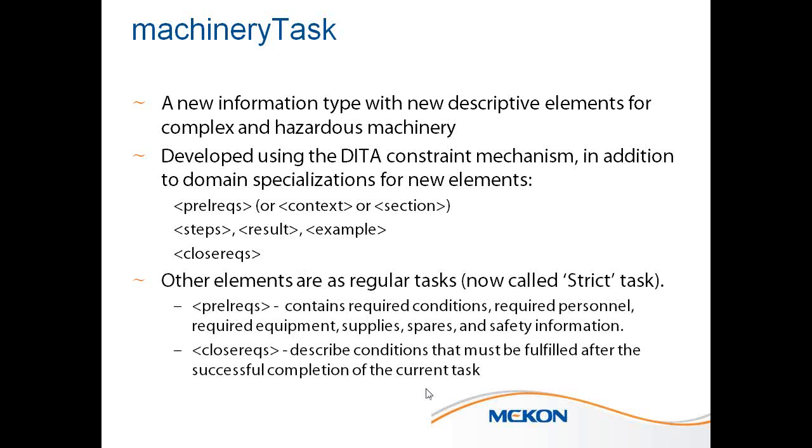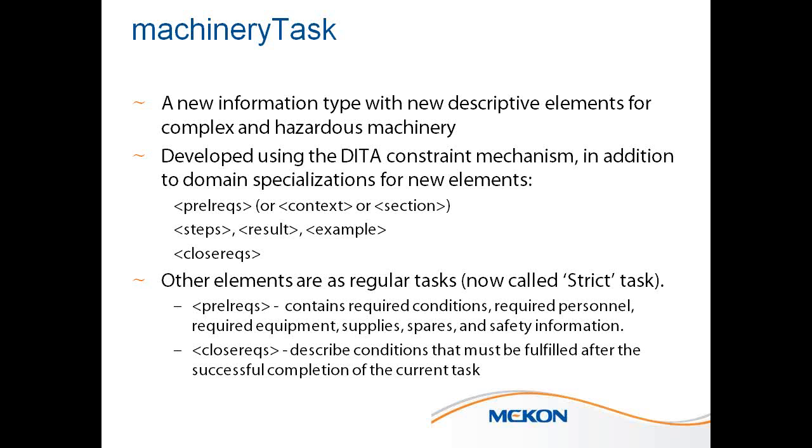And then closereq. Everything else is the same as regular tasks, which, by the way, are now called strict tasks. If I didn't say earlier, the regular tasks from DITA 1.1 are strict tasks, and ordinary task is now the one that's more loose. What prelreq is, is preliminary things, not ordinary prerequisites, but specifically required conditions, personnel, equipment, supplies, spares, and other safety information.